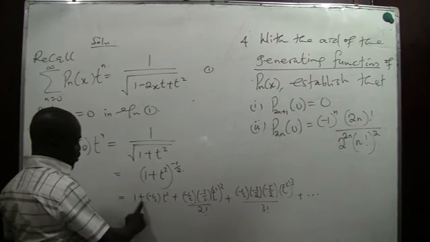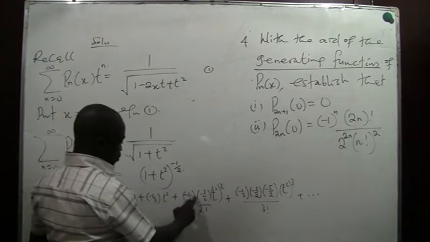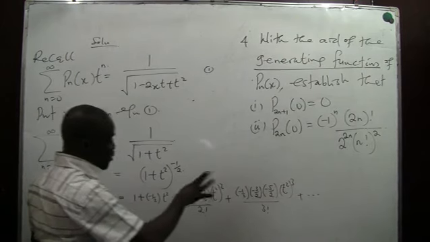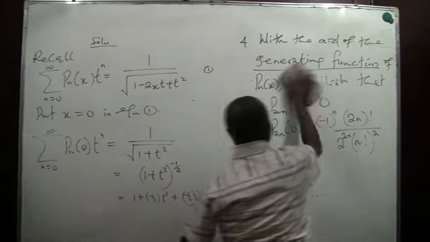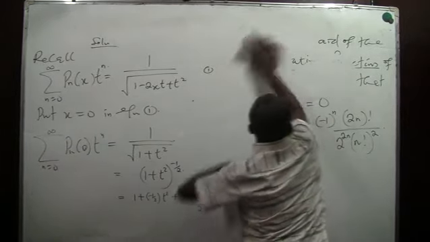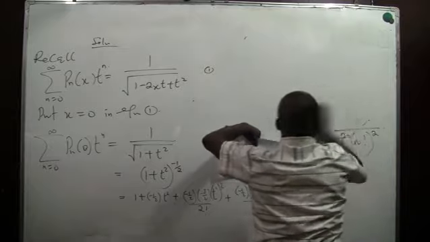This is a negative times a negative, times a negative; the whole of this one is positive. The sign alternates, and that takes care of minus 1 raised to the power n. It alternates signs.